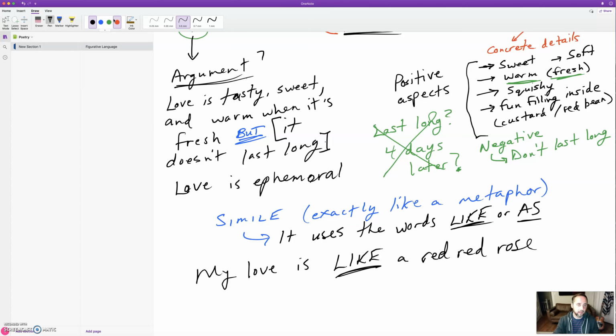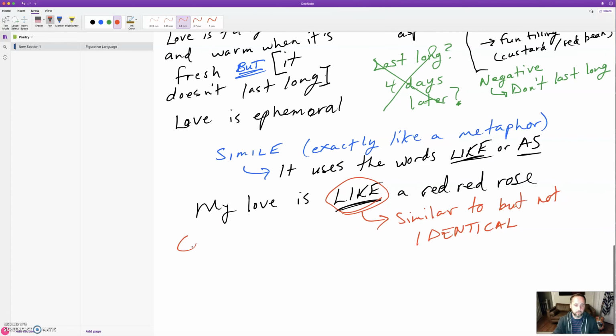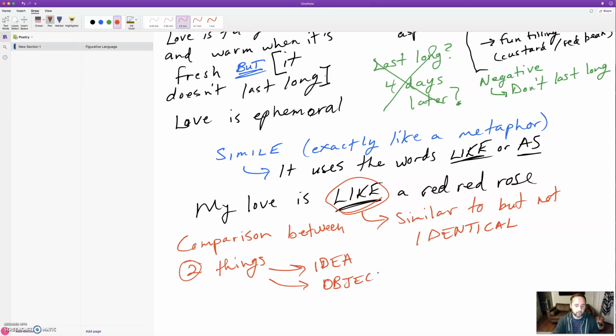But because I say it's like, okay, so it's similar to, but not identical. So we're doing still a comparison, right, between two things, and usually the two things are an idea, concept and an object or a thing.